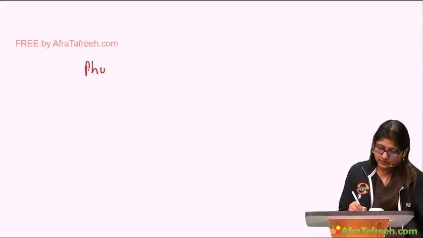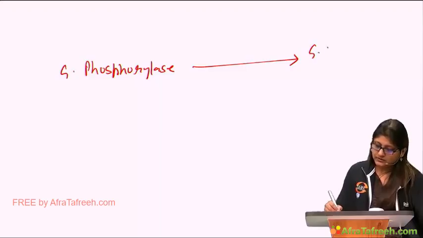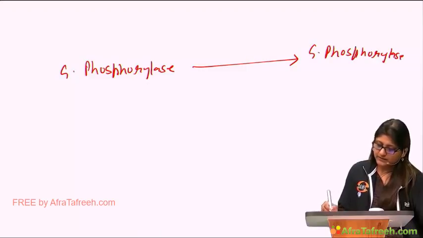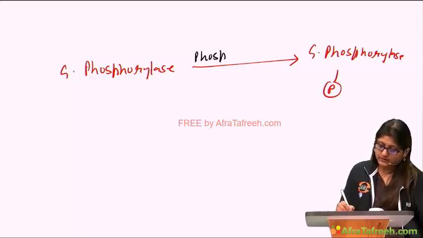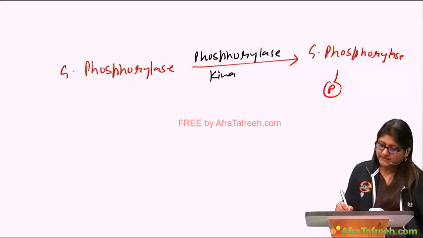This is glycogen phosphorylase enzyme. Yes or no? This is glycogen phosphorylase and this is also glycogen phosphorylase. But this time it is phosphorylated. Who has phosphorylated it? Phosphorylase kinase enzyme, which itself requires the phosphorylated form.